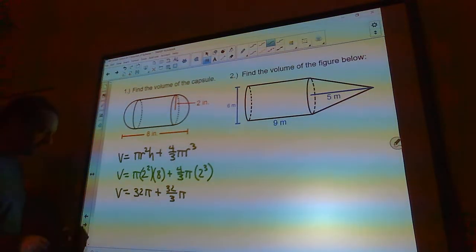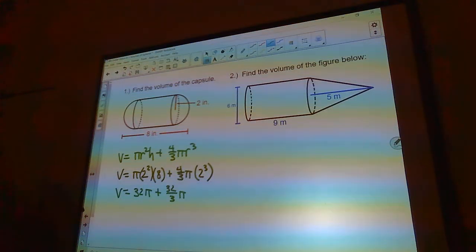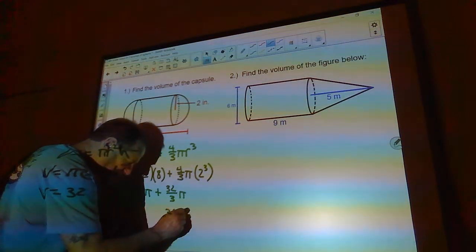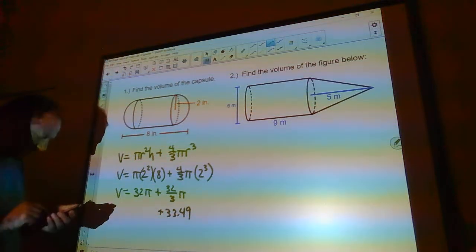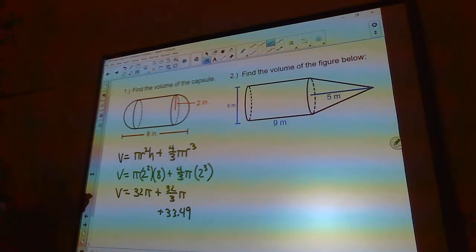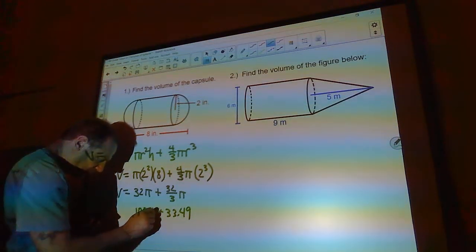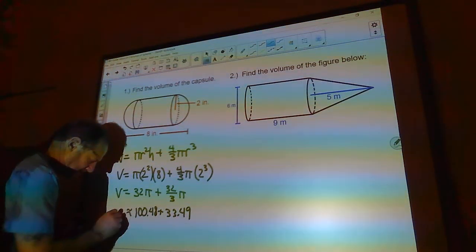All right, let's go ahead and figure out what this is. 32 divided by 3 is 10 2/3 times 3.14, so this is about 33.49 over here. And 32 times 3.14 would be about 100.48 over here.